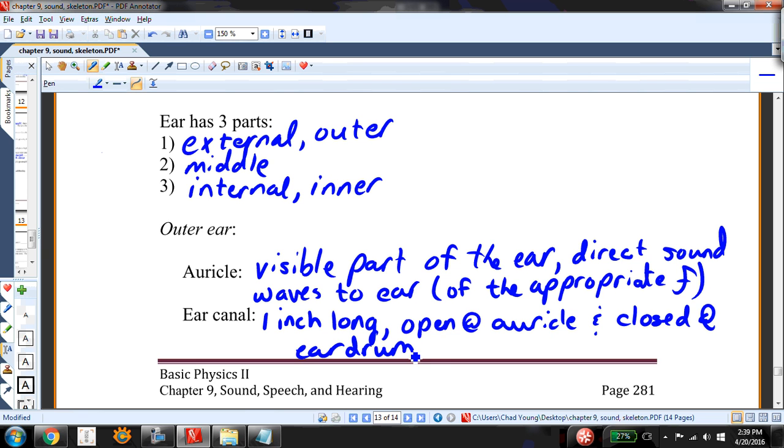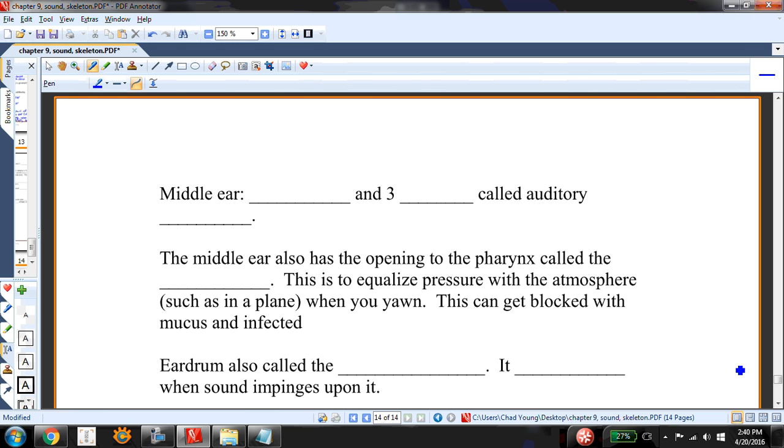And it helps to amplify the sound. Kind of like what we saw with the resonance tubes before, it will actually amplify the sound as it travels down towards your eardrum.